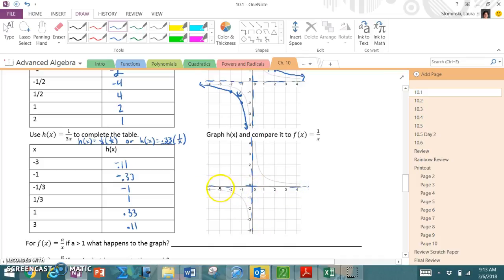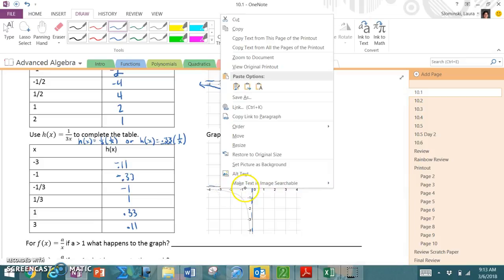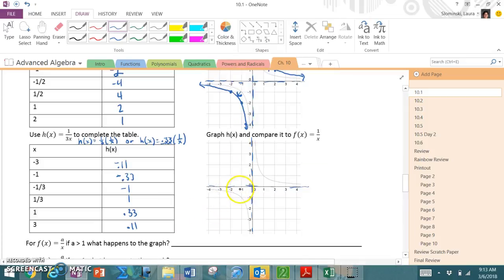I plot my points, negative 3, negative 0.11, negative 1, negative 0.33, and negative 1/3, negative 1. So what we can see when we do this is that it actually gets closer to the asymptote, so it's compressing towards the asymptotes. And we would get the exact same thing off this one. So 3, 1 is 0.33, and 1/3 is 1.